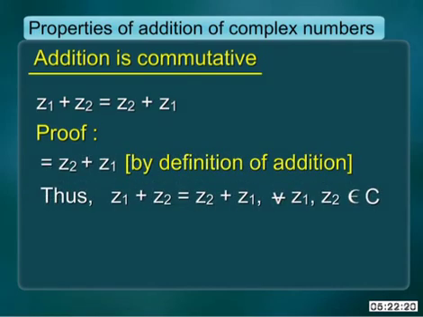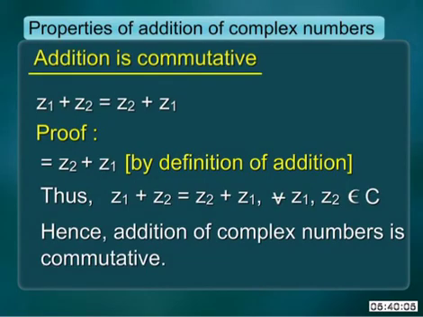Thus, Z1 plus Z2 is equal to Z2 plus Z1 for all Z1, Z2 belonging to the set of complex numbers. Hence, we can say that addition of complex numbers is commutative.